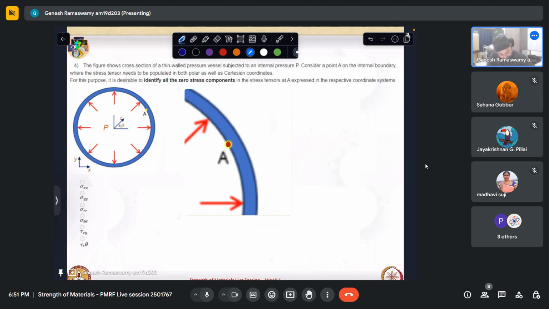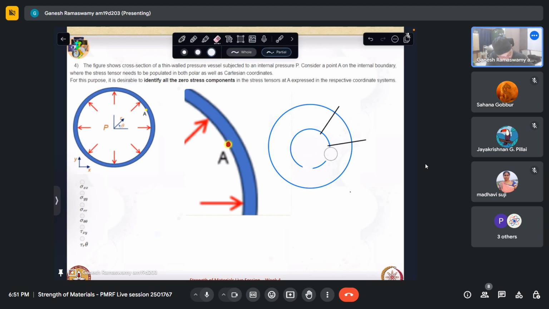So if I draw two circles like that, and let this be taken like that. So this is my stress element in the polar coordinate system.